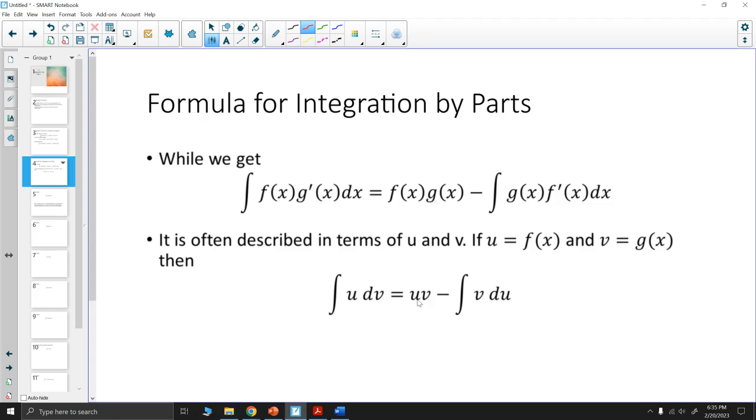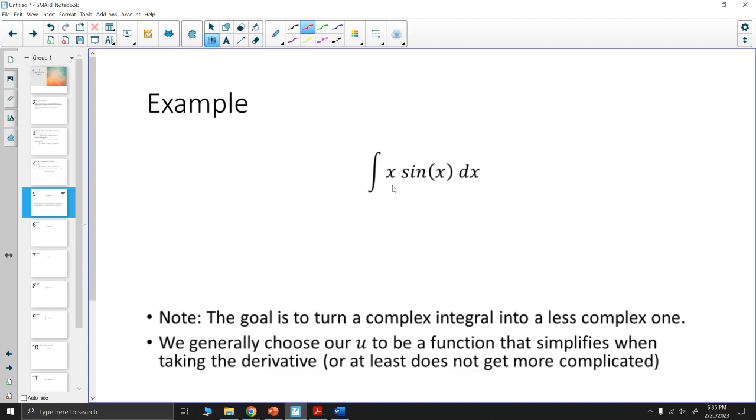So we want to choose as u the thing that will simplify as we derive it. If you think sine, the derivative of sine is cosine. That's not going to simplify. But if we derive x, it becomes 1. That does simplify. So in general, we choose our u to be the one that simplifies as we derive it. So u is x, and our dv is the rest of it, so that is sine x dx.